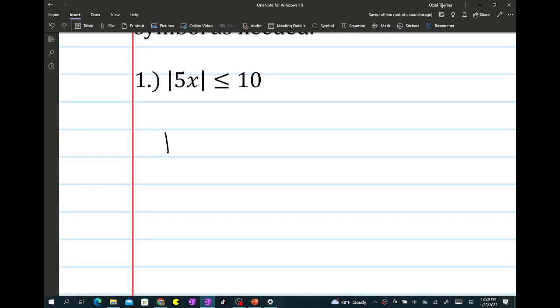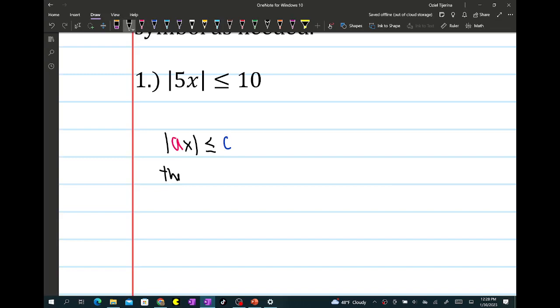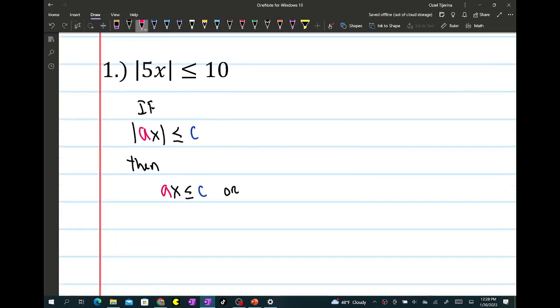There's a rule that says if the absolute value of ax is less than or equal to a number c, then ax is less than or equal to c, and ax is greater than or equal to negative c.